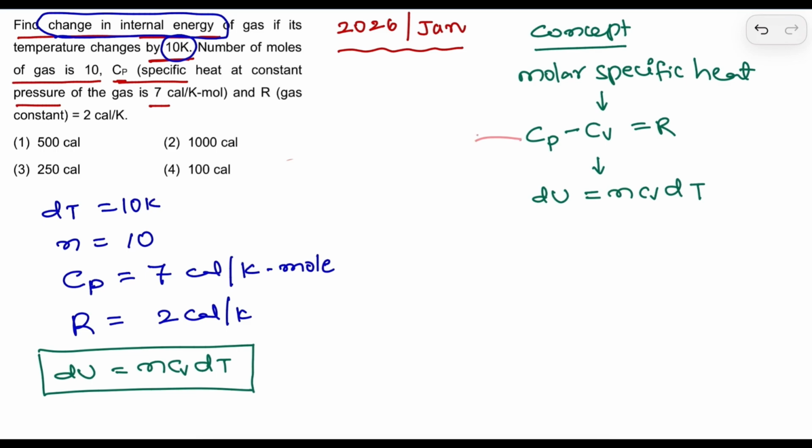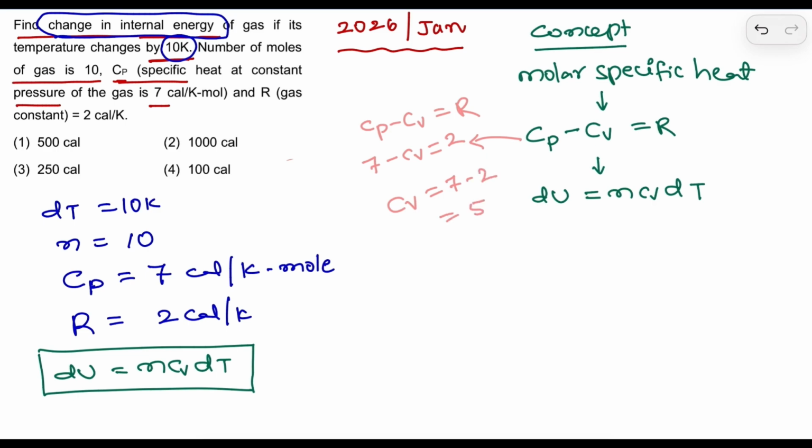From the relation Cp minus Cv is equal to R, and the given Cp is 7: 7 minus Cv is equal to R, which is 2. So Cv is equal to 7 minus 2, which is 5 units.